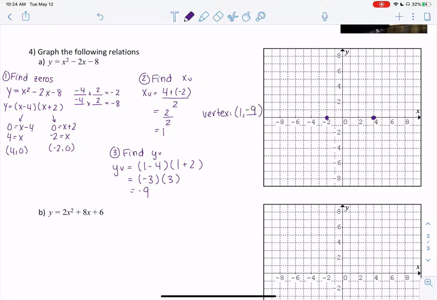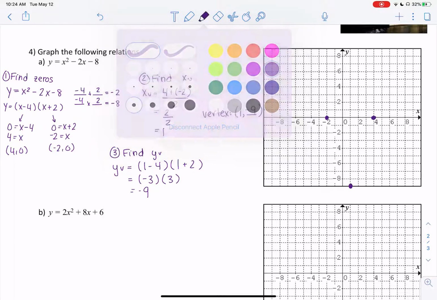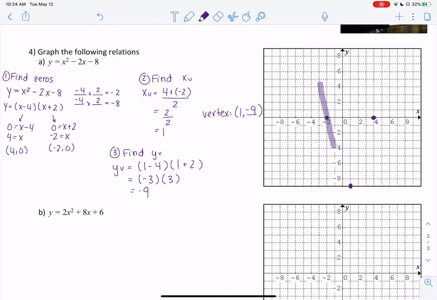So that means our vertex is at 1 and -9. So I'll put that in at 1 and -9. And then I'm going to graph it with a nice curve like that. So try the second one on your own and then take a look at the answer.